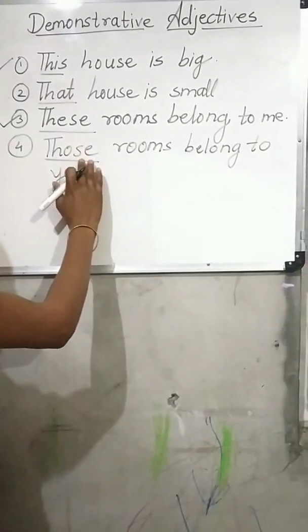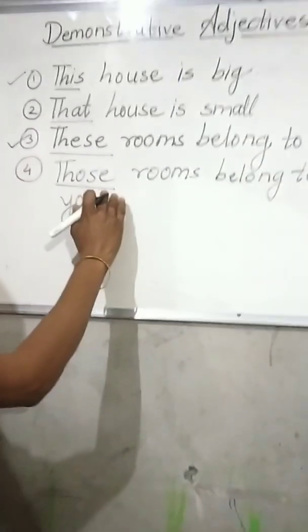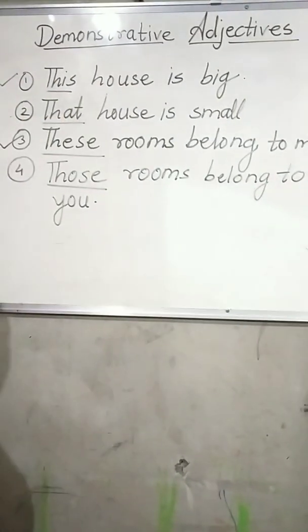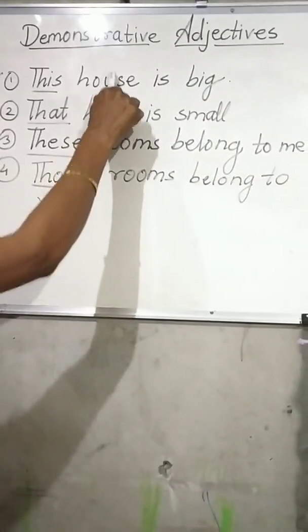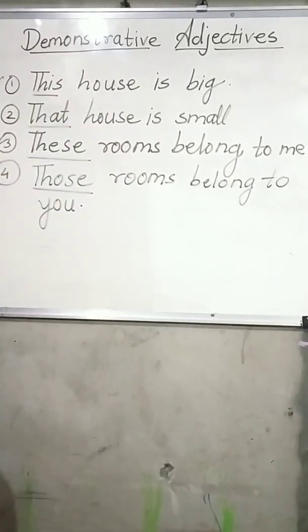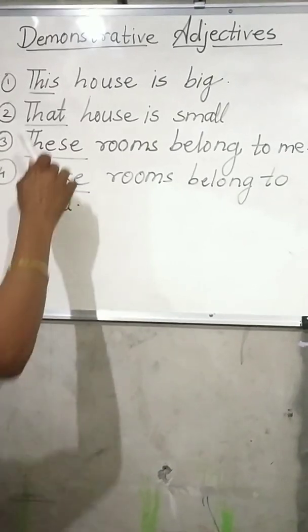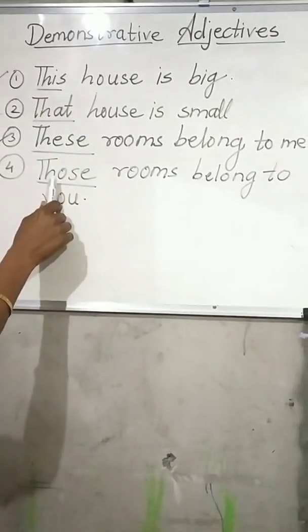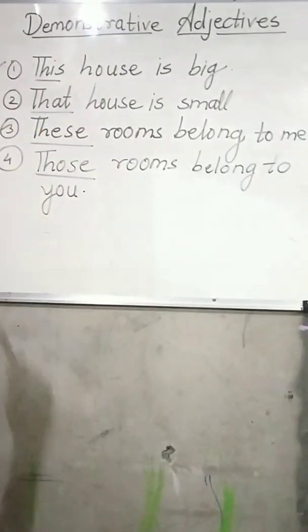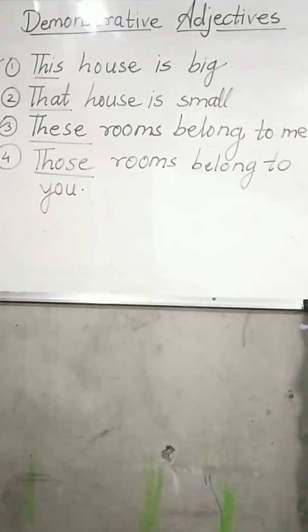So demonstrative adjectives always come before the noun. These are the nouns, and before the nouns, demonstrative adjectives come. These are the words which are showing these nouns, so these are the demonstrative adjectives.